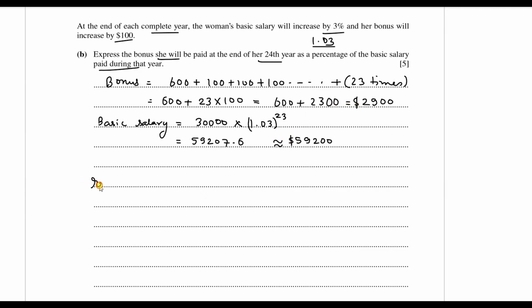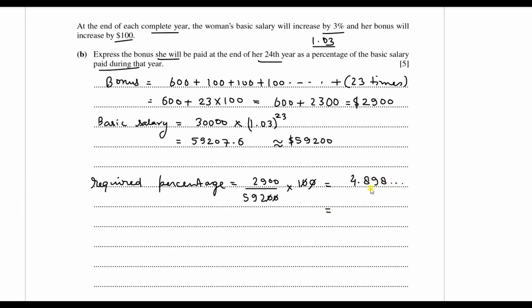So the required percentage is going to be 2,900 over 59,200 multiplied by 100. We can calculate it: 2,900 divided by 592 is going to be 4.898 and so on.